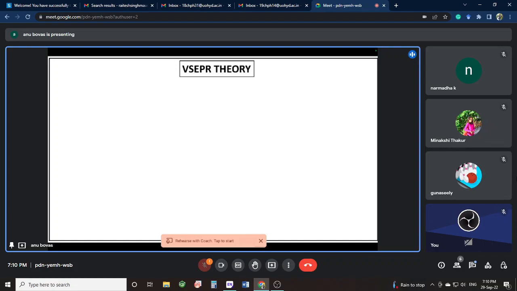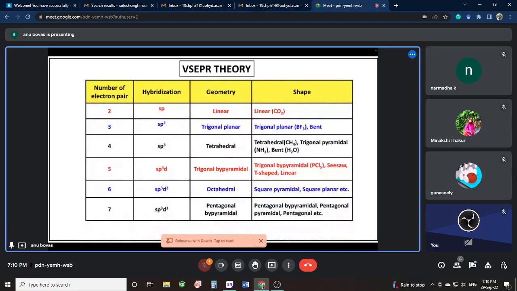This is the basis of the theory. For example, if we have 3 atoms, one central atom and 2 other atoms, the 2 will try to stay as far as possible, meaning at 180 degrees to each other. So the shape will be linear.